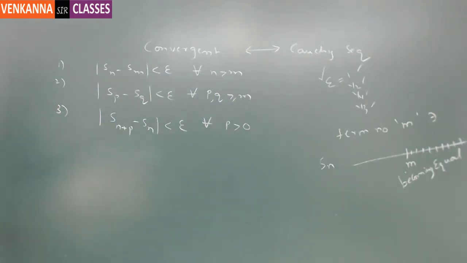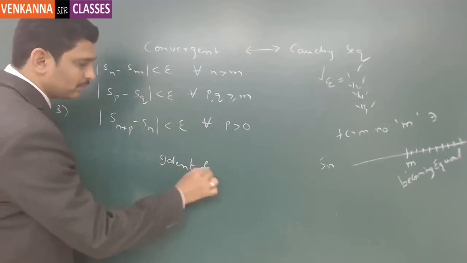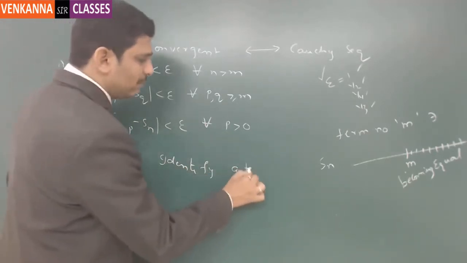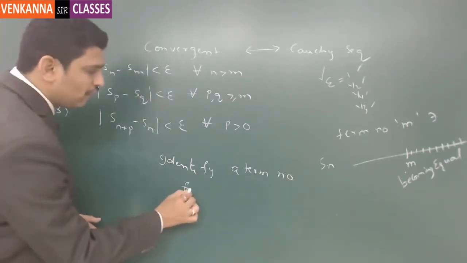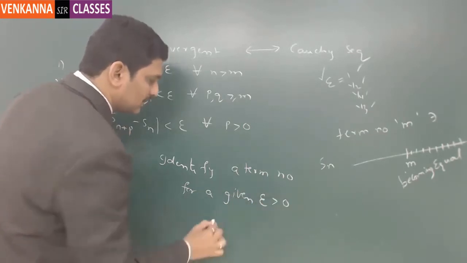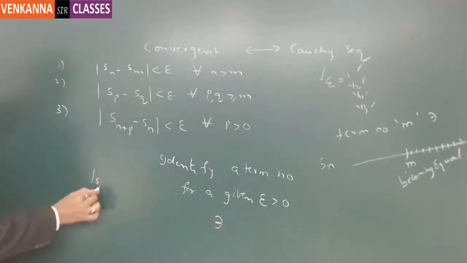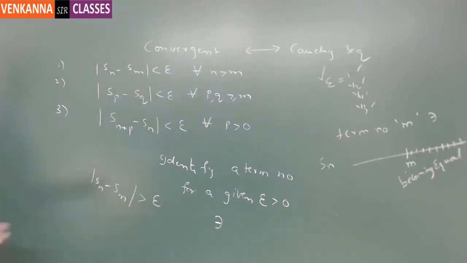The other thing is, if you are proving that it is not a Cauchy sequence, it means that you can identify a term number for a given epsilon such that |S_n minus S_m| is greater than epsilon.